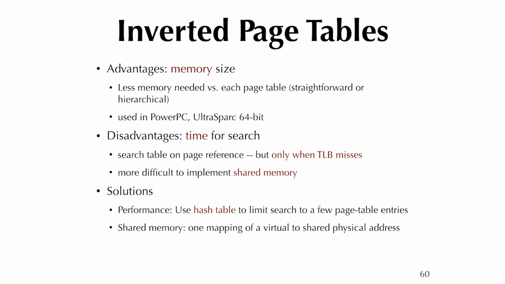So for performance, a hash table is used, and so you can limit the search to a few of these page table entries. And then shared memory, what do people do? Well, then you have one mapping from virtual to shared physical addresses.